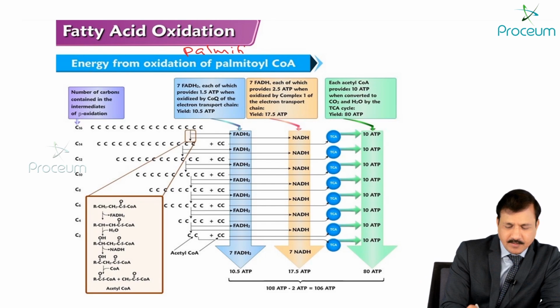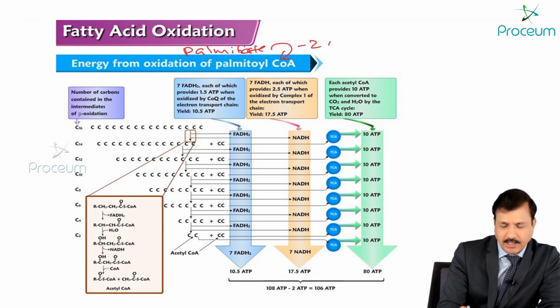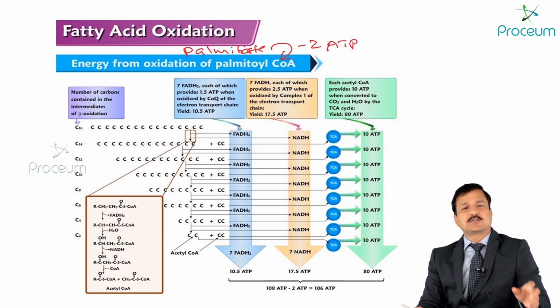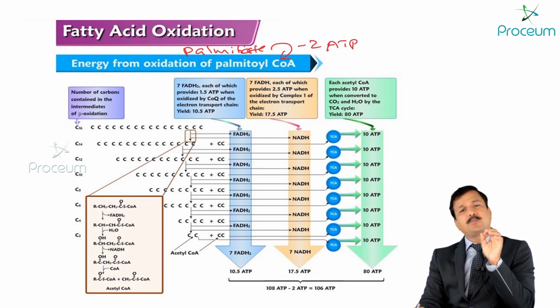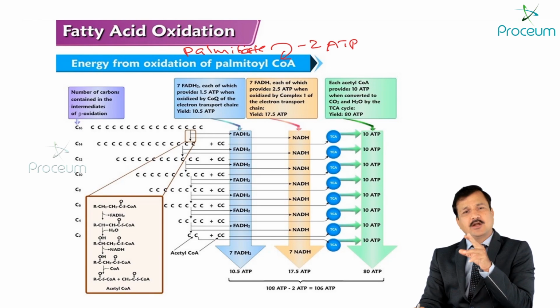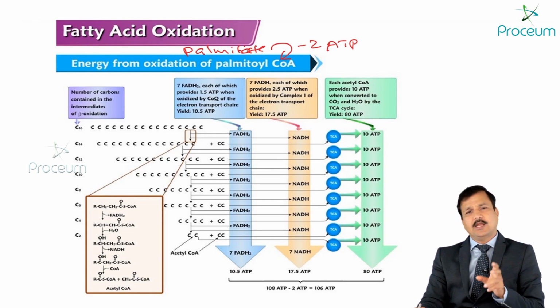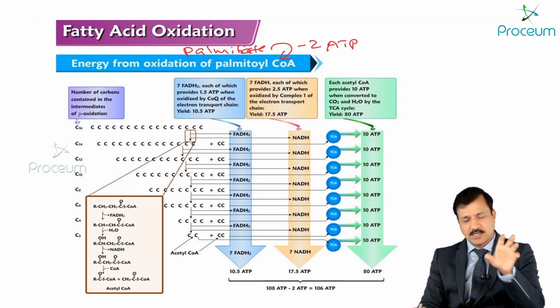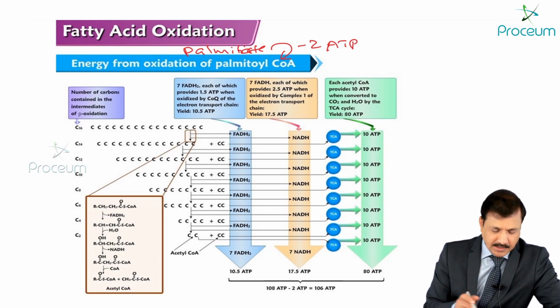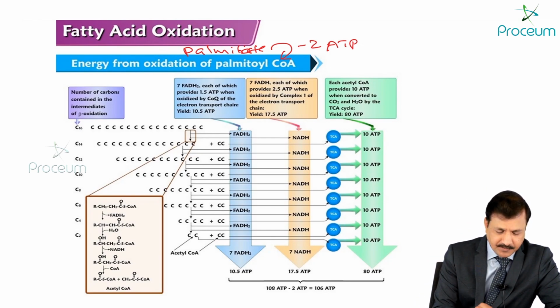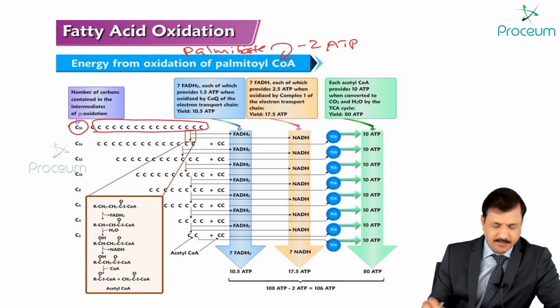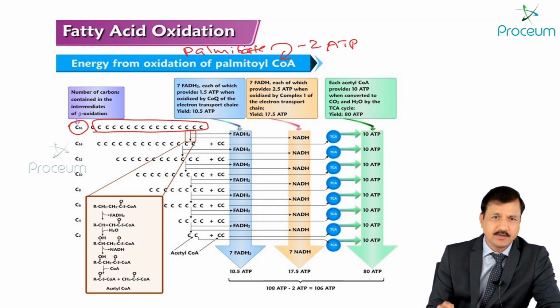Palmitic acid or palmitate, which is the deprotonated form of palmitic acid, is activated into palmitoyl-CoA, minus 2 ATPs there, so you have to consider that. If the energy is asked for palmitic acid, then you will have to take out 2 ATP because CoA addition has consumed 2 ATP. Now, just for easier understanding, 16 carbon is written here. So you go one by one now.